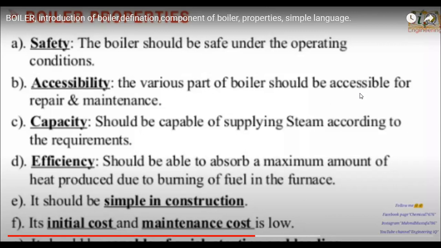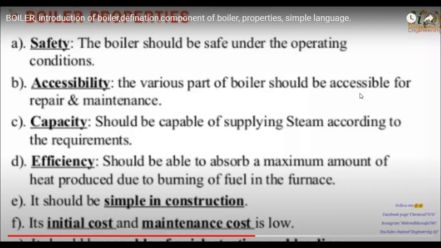Similarly, we can use low, medium, or high pressure boilers according to our particular application.